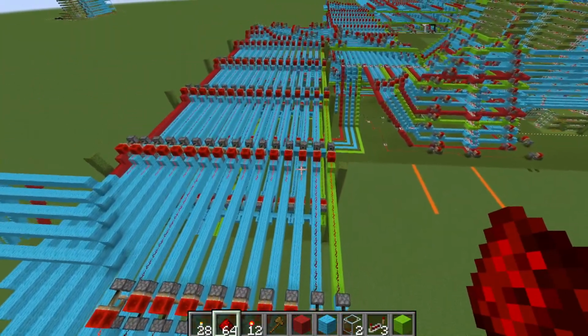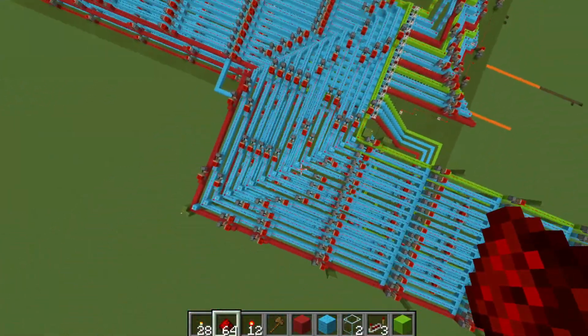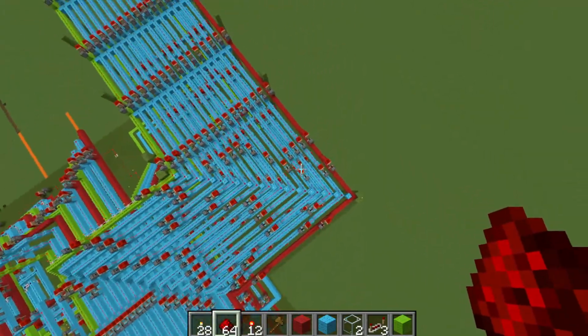But then I quite like it when it gets random like this. See? I quite like how that looks, even though it's a complete mess.